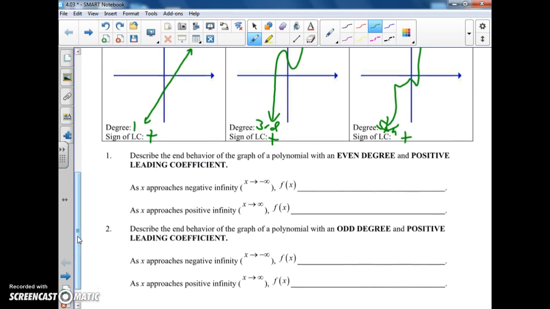Describe the end behavior. The behavior of the graph at the end of it. For the graph of a polynomial of even degree, which is the 3 on the top, with a positive leading coefficient, here's what you're going to say.